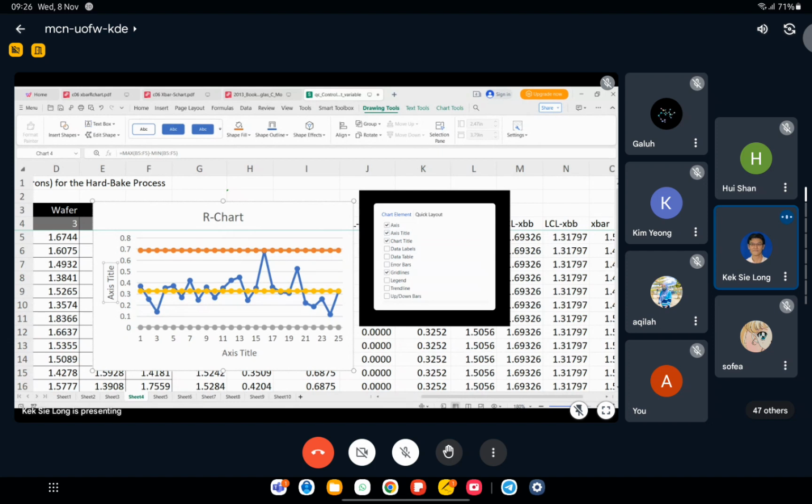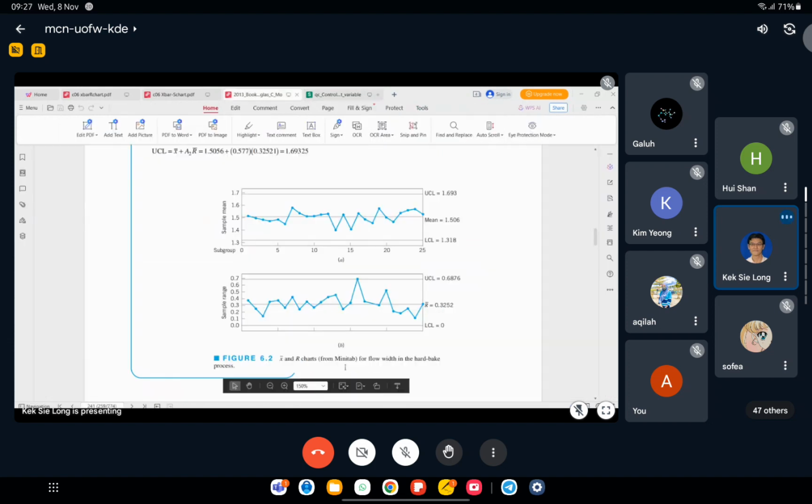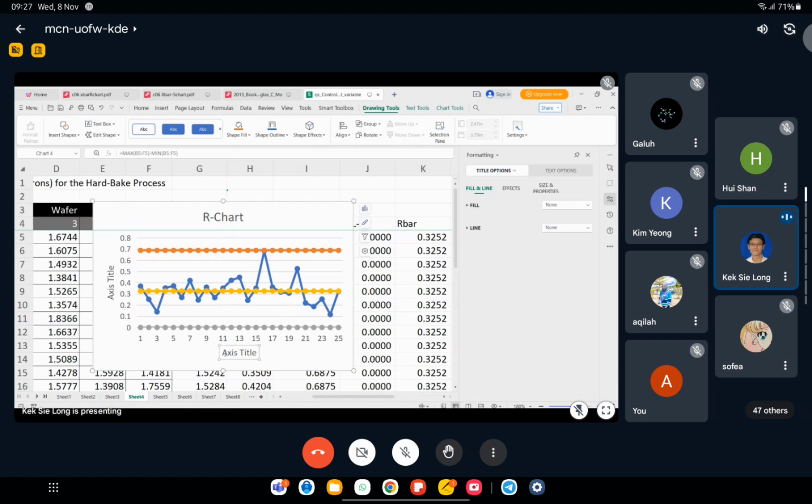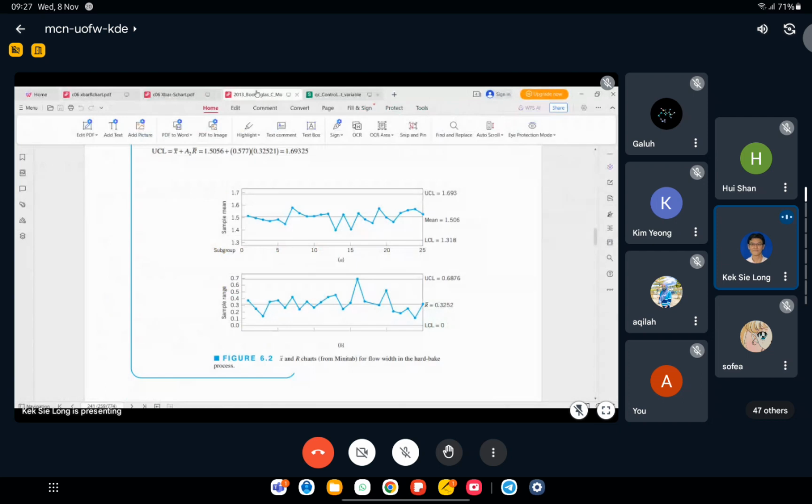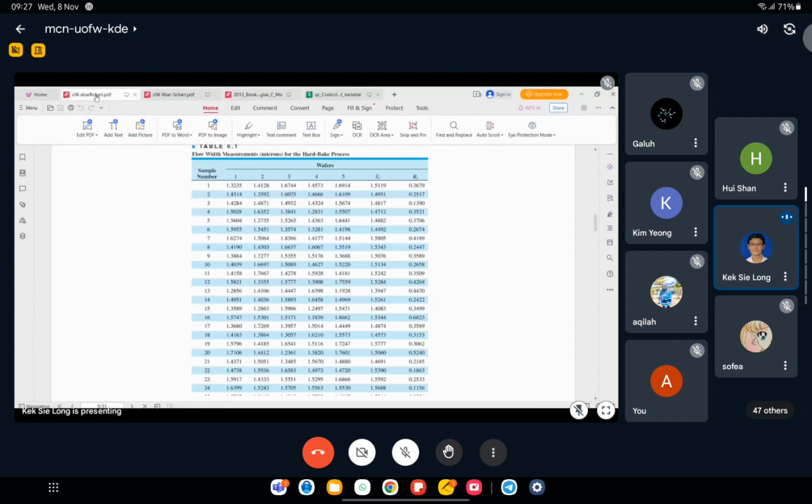What is the x-axis? You can see x-axis subgroup, y-axis sample mean. So we can just simply put here subgroup, and then y-axis sample mean.